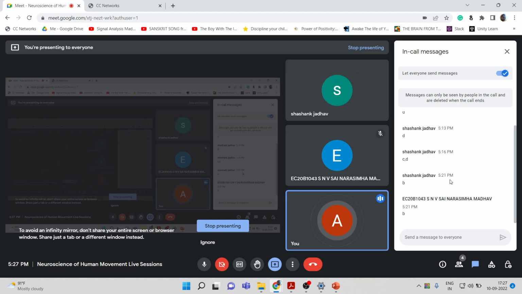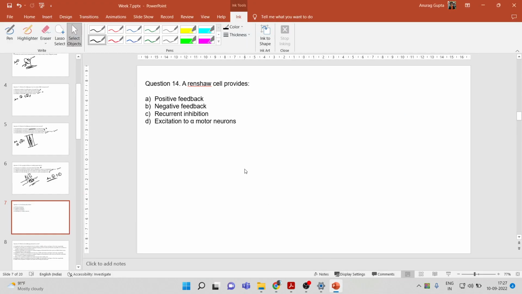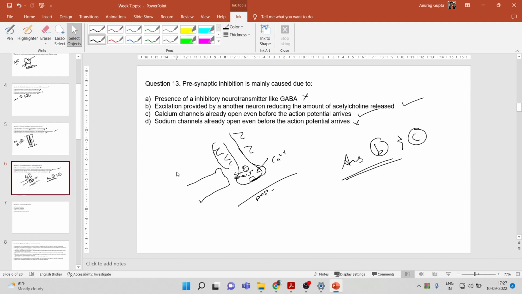Okay, first I'll just explain this part again, and then we'll also discuss what you have just said. Like you rightly pointed out, if this particular neuron is causing these calcium channels to open up, since there's an influx of calcium, there'll anyway be acetylcholine released.